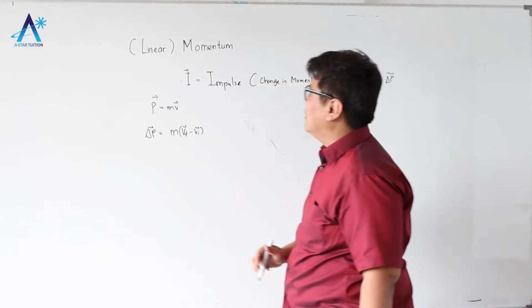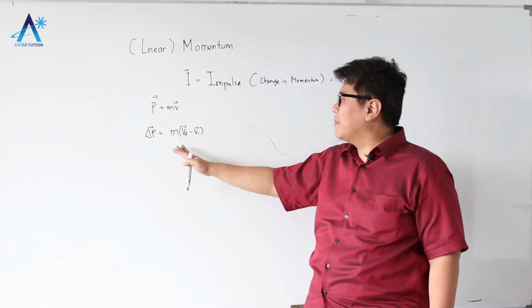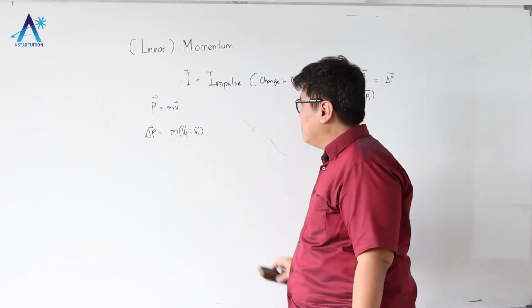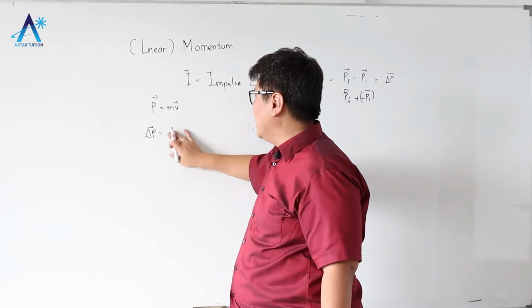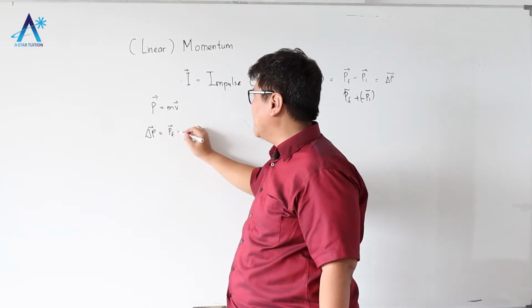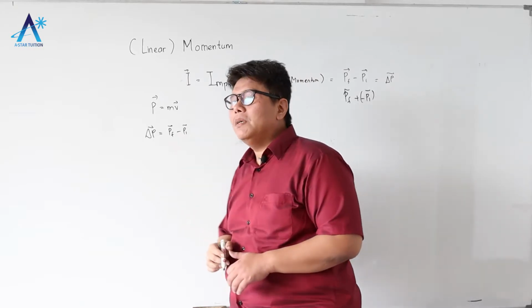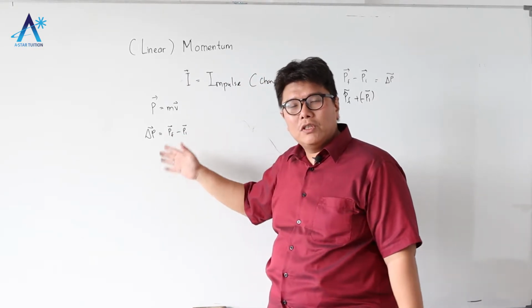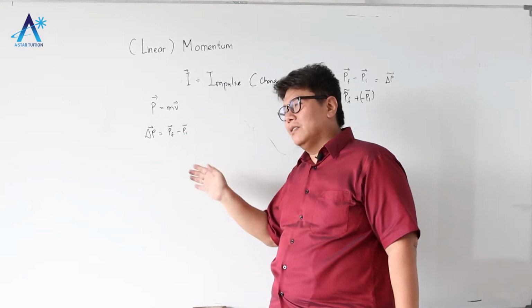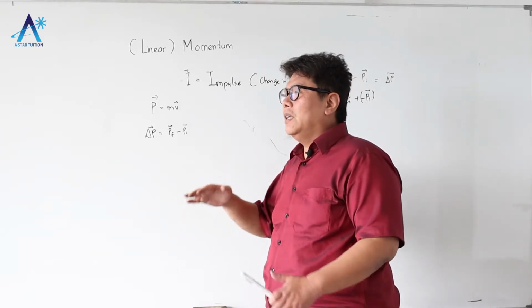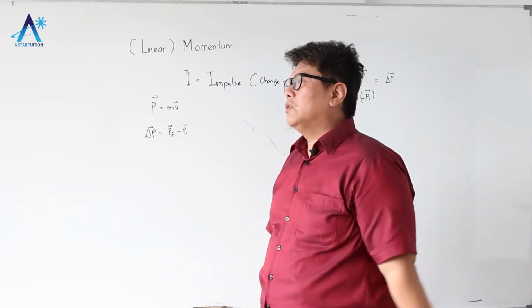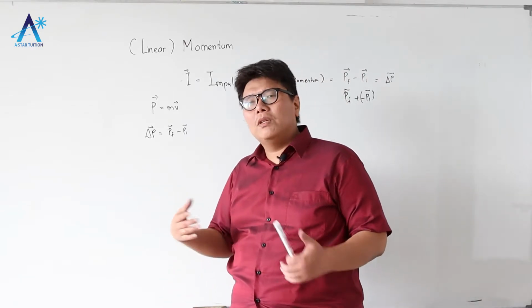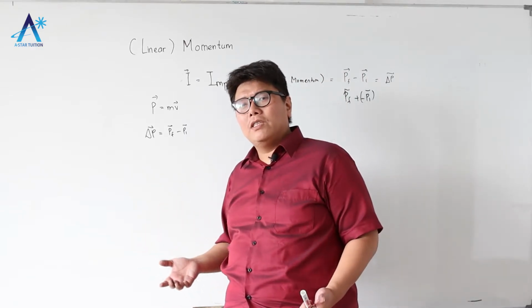Here we assume that the mass is constant, but we don't have to assume that. So it's P final minus P initial. Now remember that momentum is proportional to velocity, so they are parallel to each other. So when we talk about change in momentum, normally we also discuss the change in velocity.